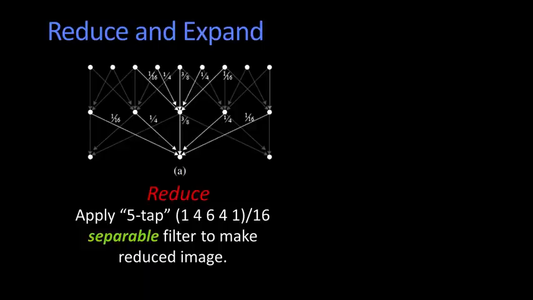The reduce operation is pretty clear. So the idea is at this level, we have a full resolution or whatever level, and then we want to take the next level down. So here's a way of thinking about it. We'll just number these 1, 2, 3, 4, 5, 6, 7, 8, 9. 9 pixels across. I actually don't have to produce the pixels that would go under 2, 4, 6, and 8, because I only want half the number of pixels that I had to start with.